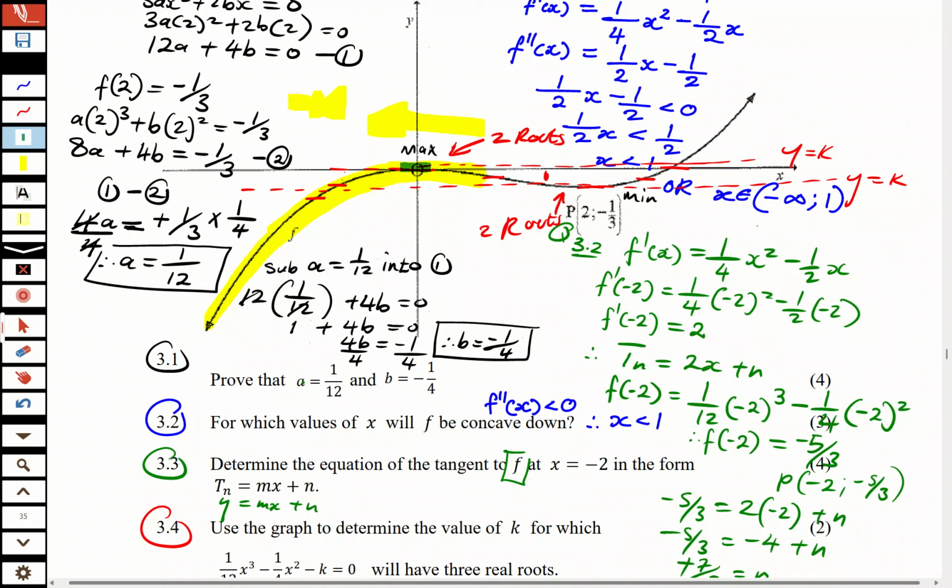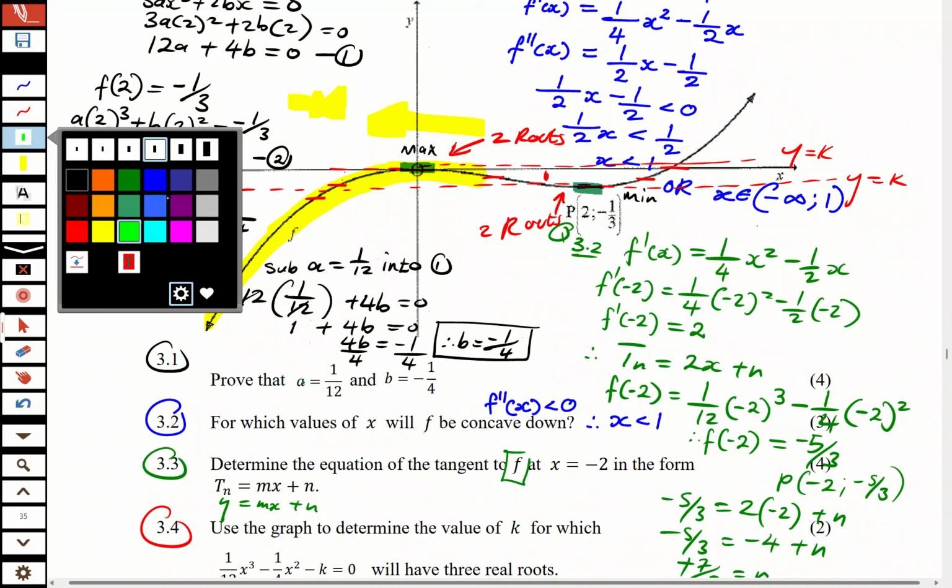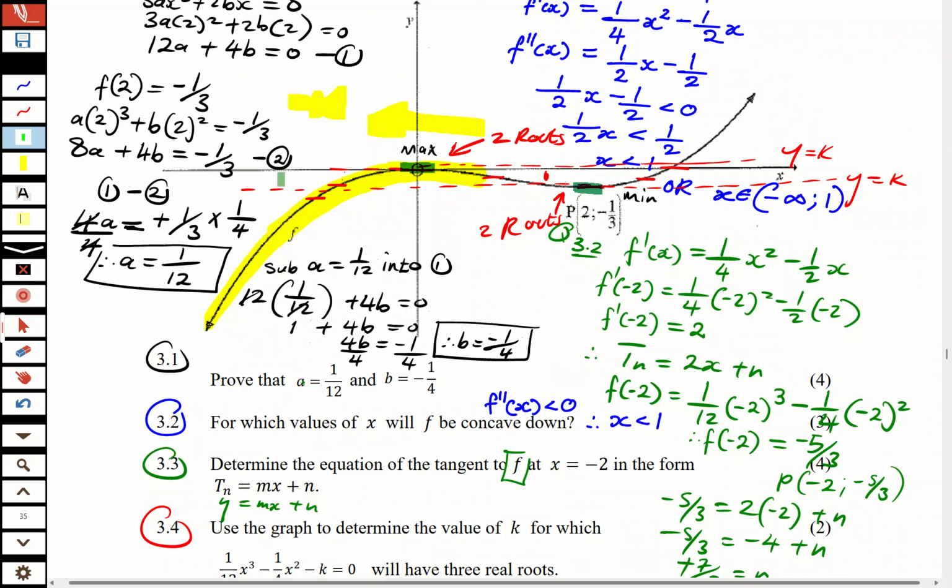If k can be between the maximum and the minimum, let's say this is the line k. You see, it will intersect here 1, and then 2 here, and then 3. How many roots do you have?